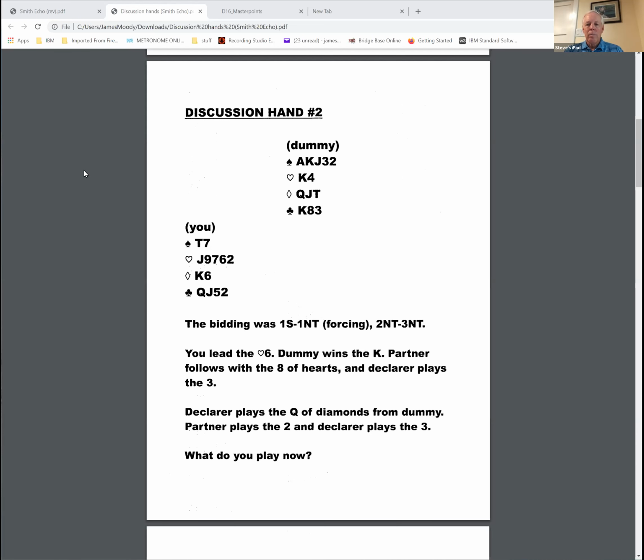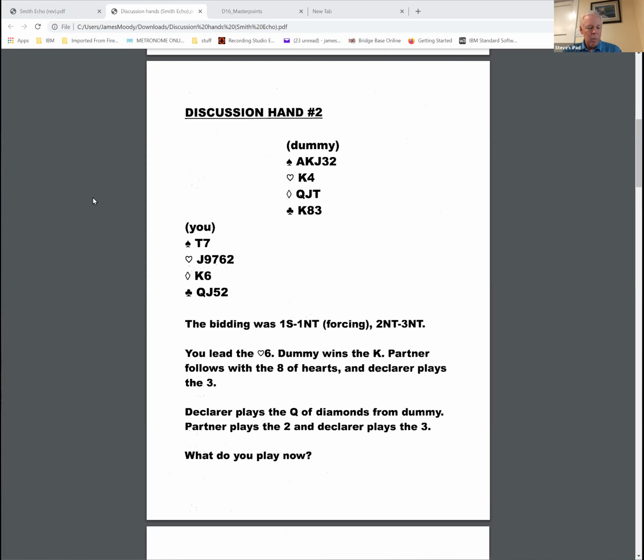Now, the first trick was kind of ambiguous. I mean, partner played the 8. You're not sure what she played the 8 from. But what you do know is that partner had an opportunity to Smith Echo and encourage your hearts by her play on the first diamond. And she didn't do it.